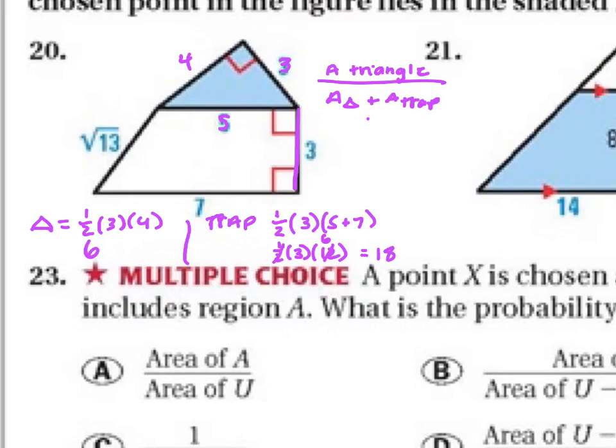So triangle was 6 over 6 plus 18, 6 over 24, which is 1/4, or 25%.